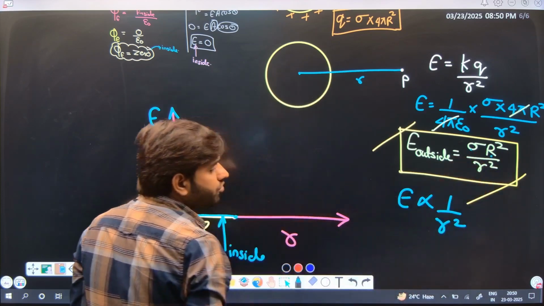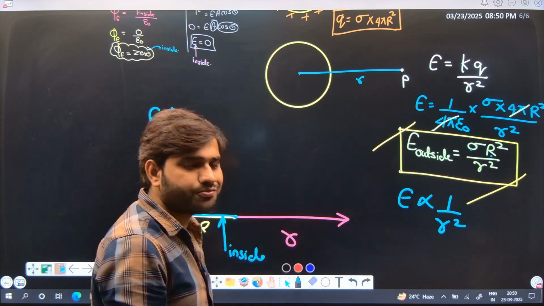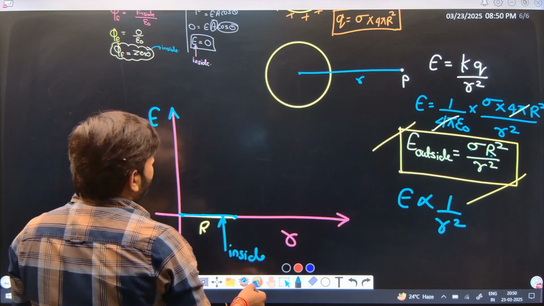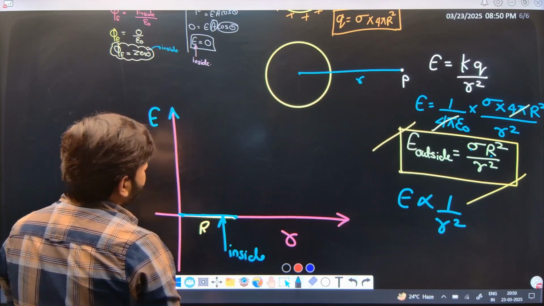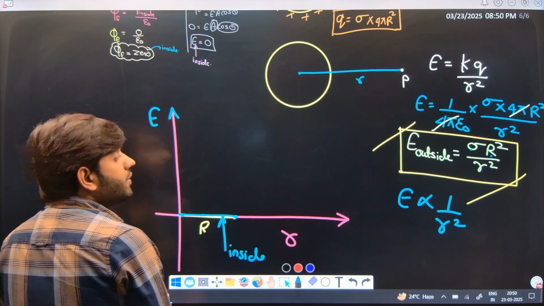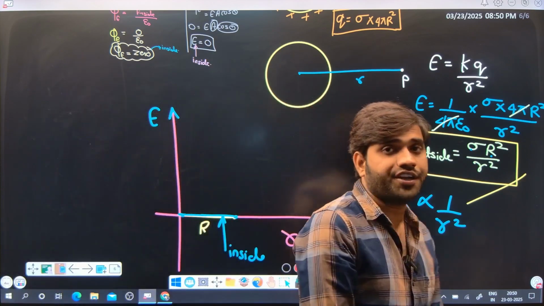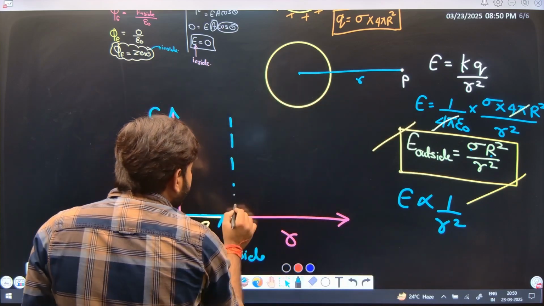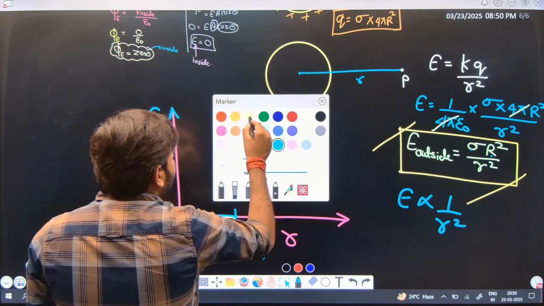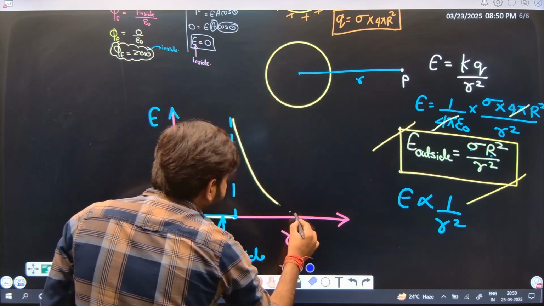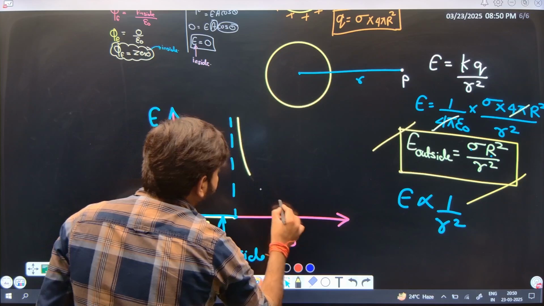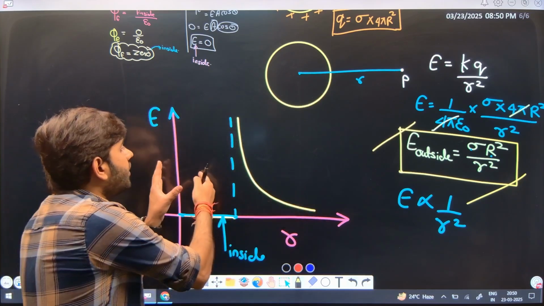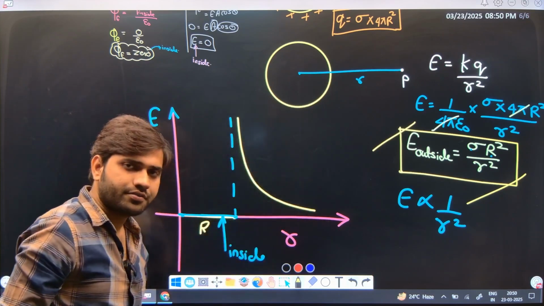This also follows the inverse square law. Yeah, correct. So after that it will decrease. I am representing it like this. This is the electric field due to a sphere. This is the inside point, this is the outside point.